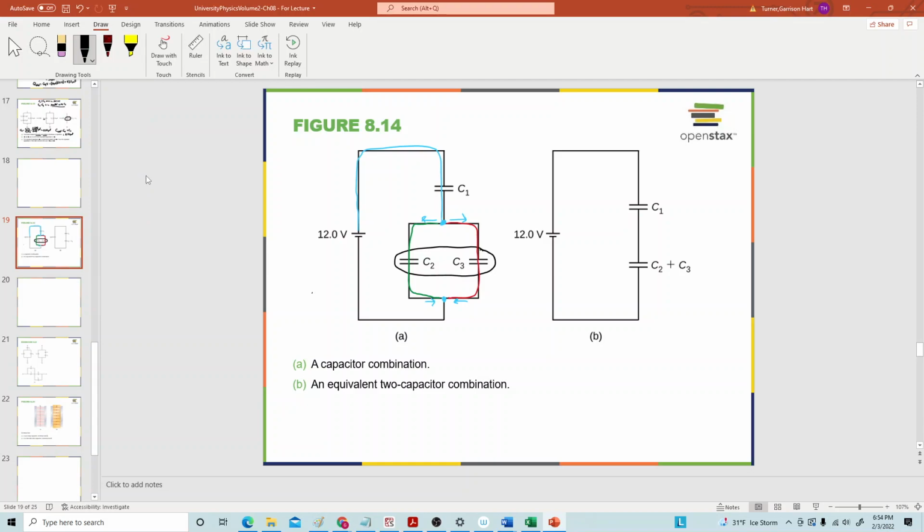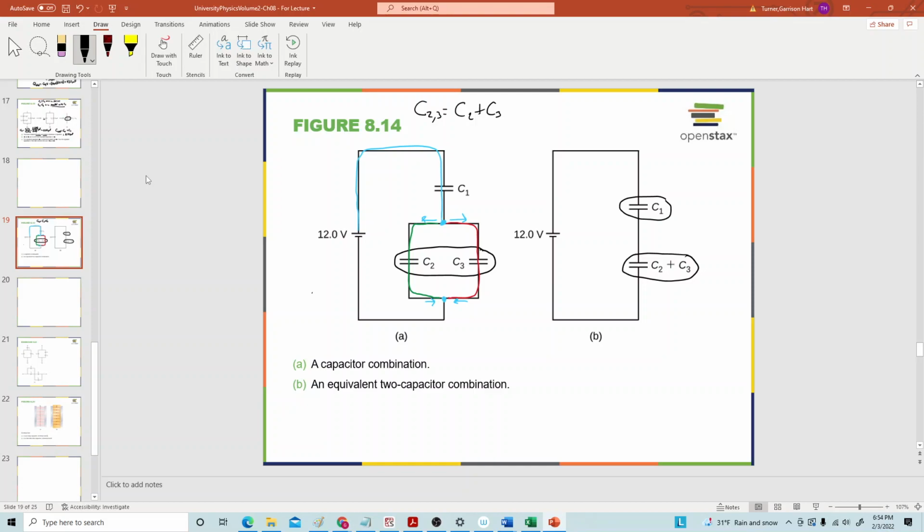And that combination, once you reduce that to an equivalent capacitor here, is in series with C1. So the C2 plus C3, if we label that as, say, C2,3, in parallel, they're going to just add up.